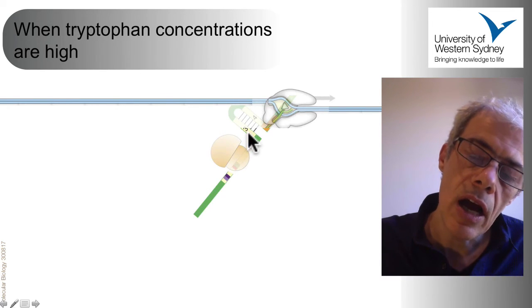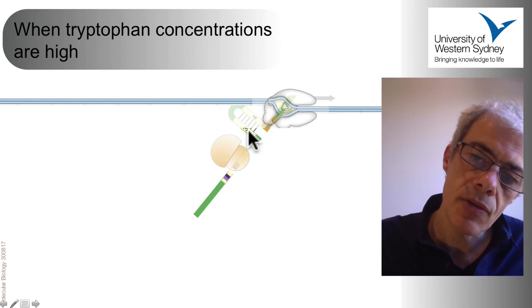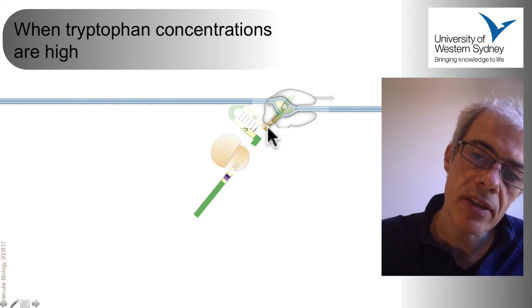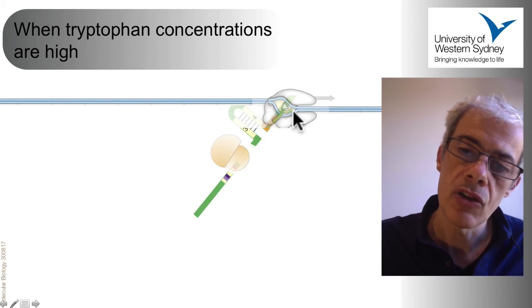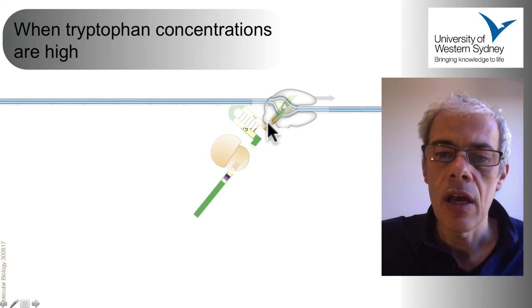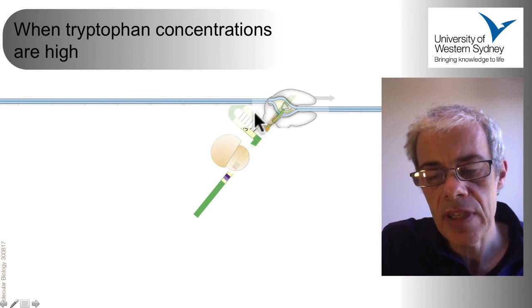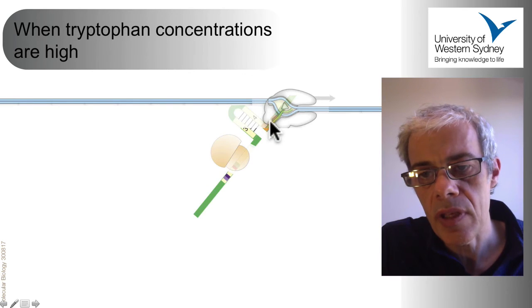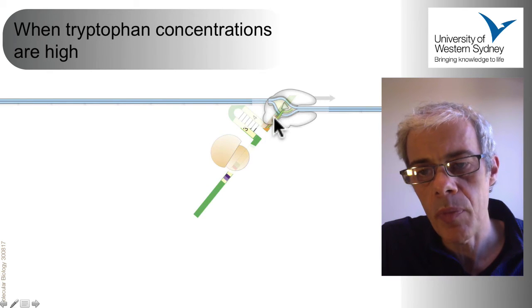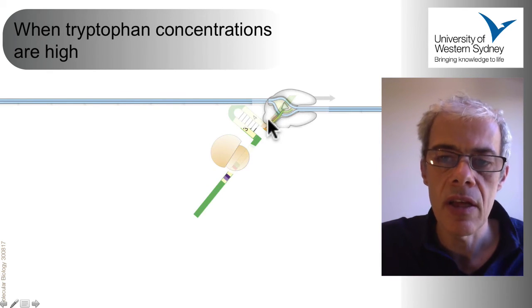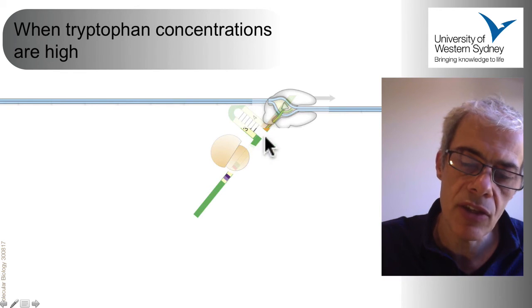Therefore, a hairpin can form between regions 3 and 4 as the messenger RNA is being transcribed. As soon as this hairpin forms with this uracil-rich sequence here, this is a terminator structure.